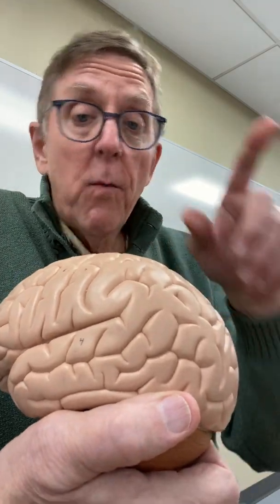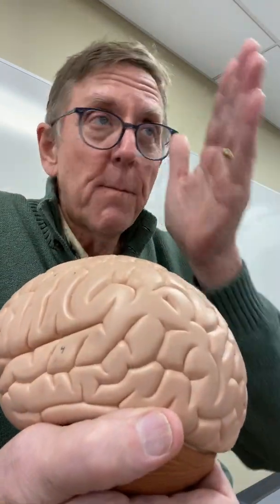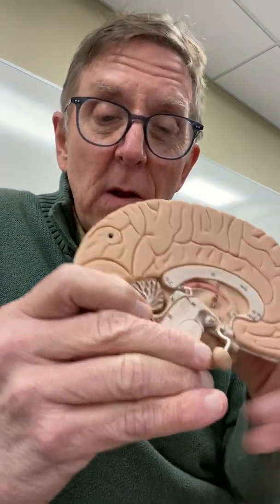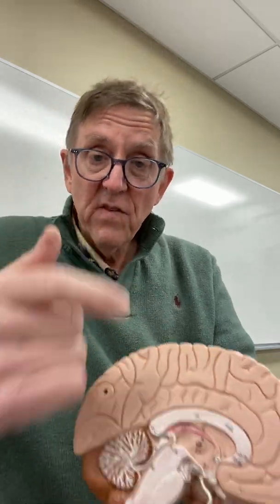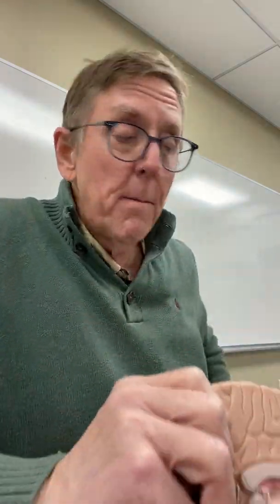And so you have what we call association fibers, where you have communication between this part of the cortex and that part of the cortex. So it's going from one location to another on the surface of the brain. Those would be what we call association tracts.